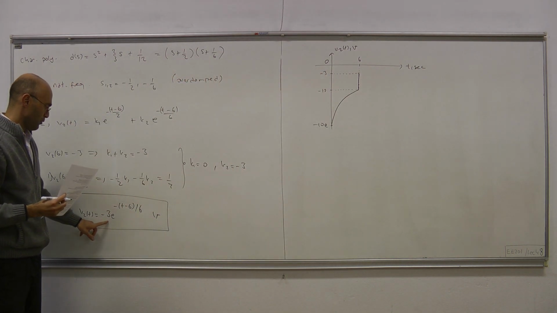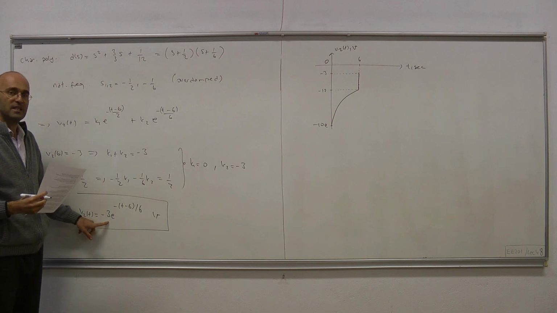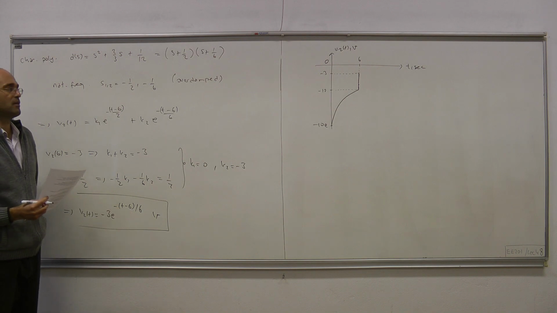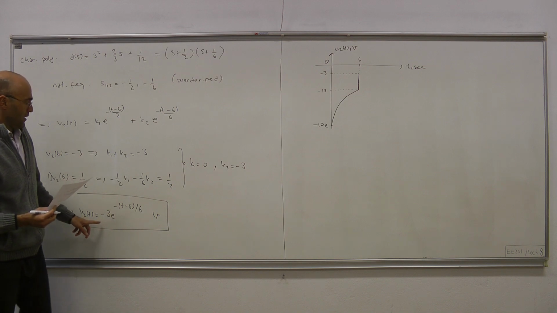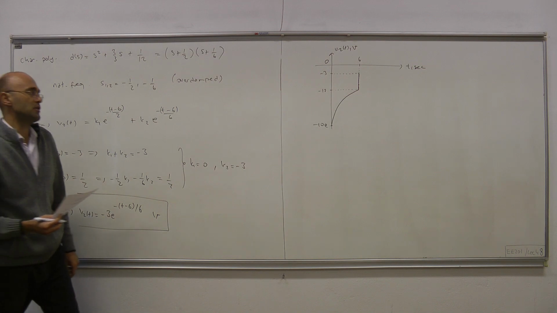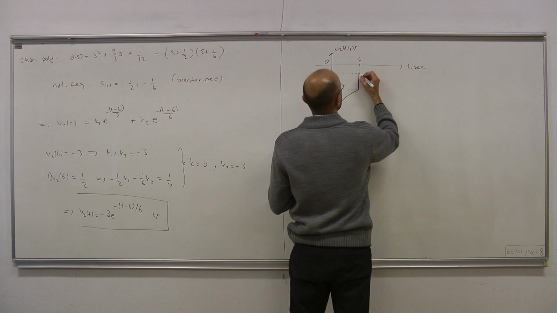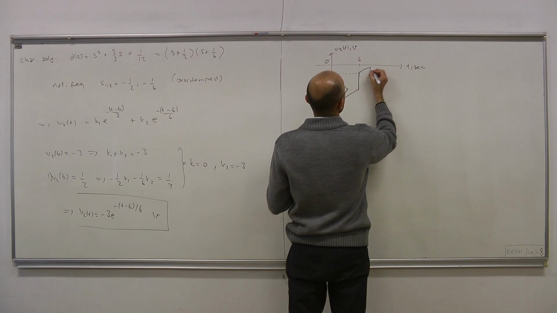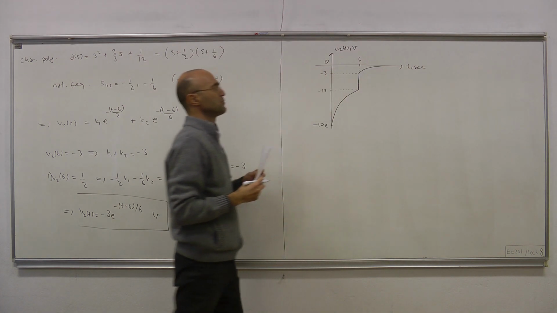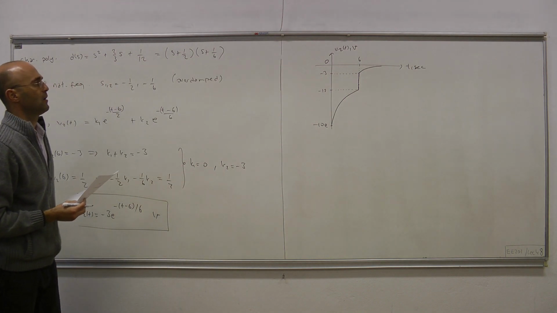And then from that point on, we keep decaying with a time constant of 6 again. And what we're heading toward is 0. Okay, so the overall response, more or less, looks like that.